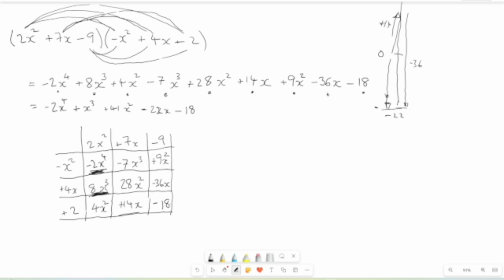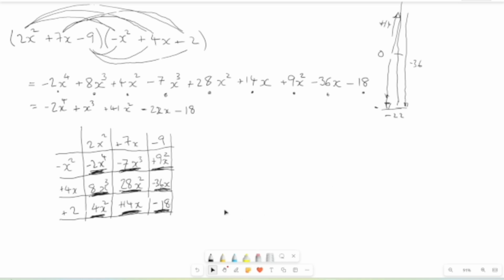Plus 4x squared, and that's there, positive because it's not negative. 7x cubed negative, that's there. 28x squared is there. 14x is here. And then we had the 9x squared, and that's there. 36x negative is there. And lastly, the minus 18 is there.